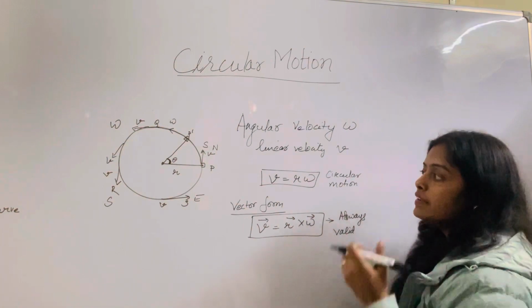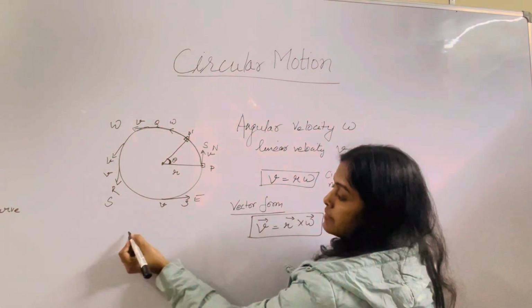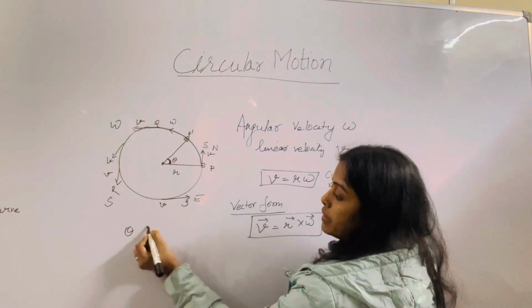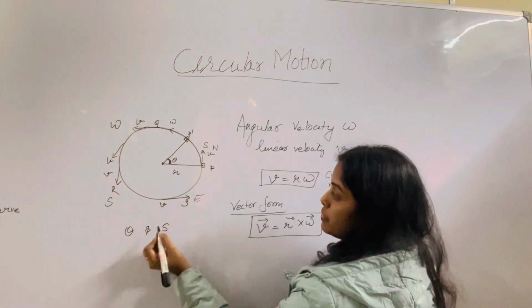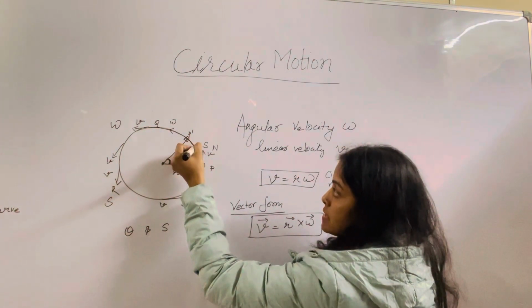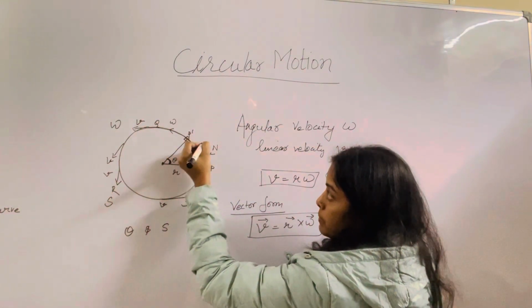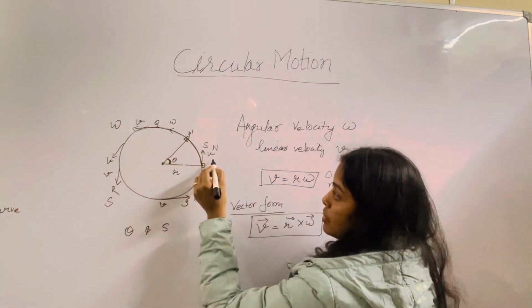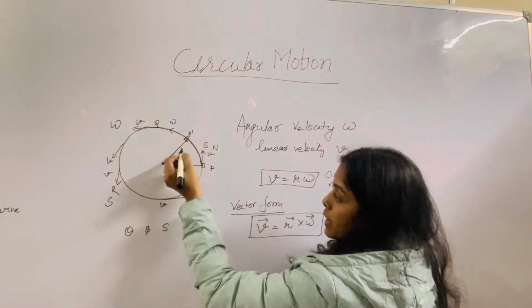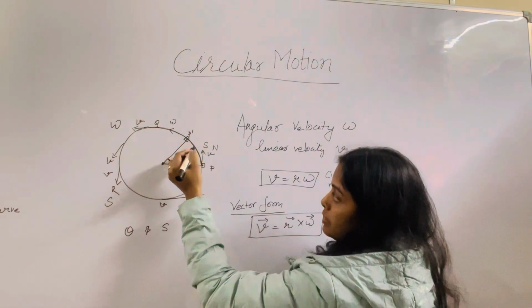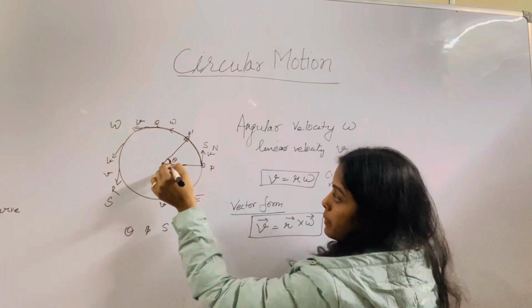And similarly we have a relation between the angular as well as linear displacement, which is denoted by s. Suppose the linear displacement covered from point P to P prime is s, moving with velocity v and making an angle theta. Theta is the angle between P and P prime.